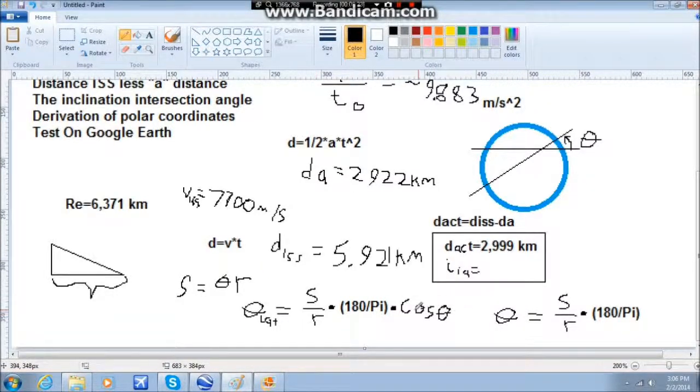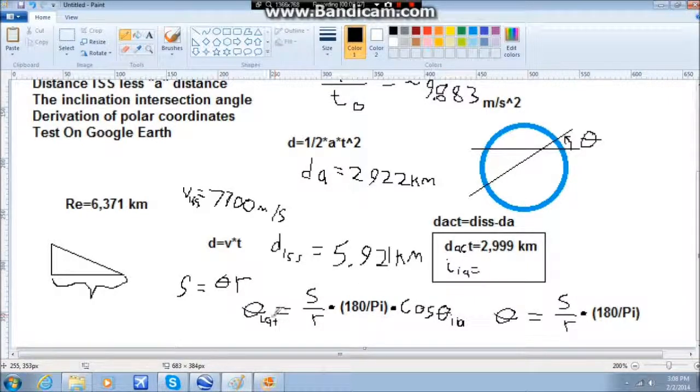And so the cosine theta is 1, its maximum value, when the angle is 0. And the angle, the theta that I am referring to, is the inclination intersection angle. And that is going to be used to determine our cosine theta. So when the value of cosine theta of the inclination intersection angle is 1, its maximum value, naturally you would expect the greatest change in longitude.